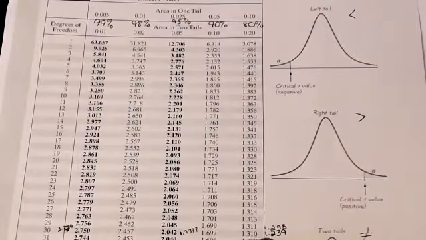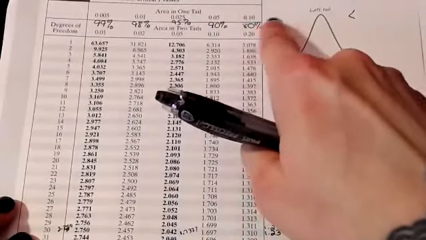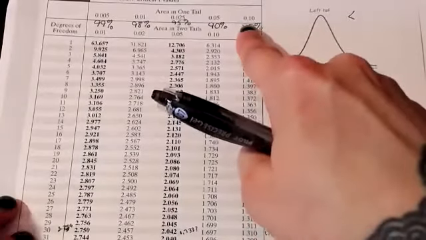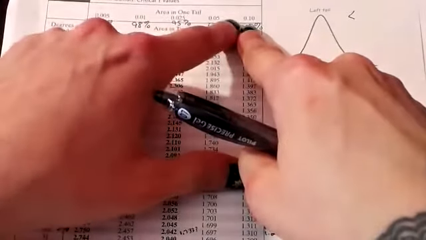1.239 is beyond this value, right? It's to the right of this value. So we're going to go up to see that our p-value is actually going to be greater than 0.10. I want you to notice that your p-values increase as you move from left to right, okay?